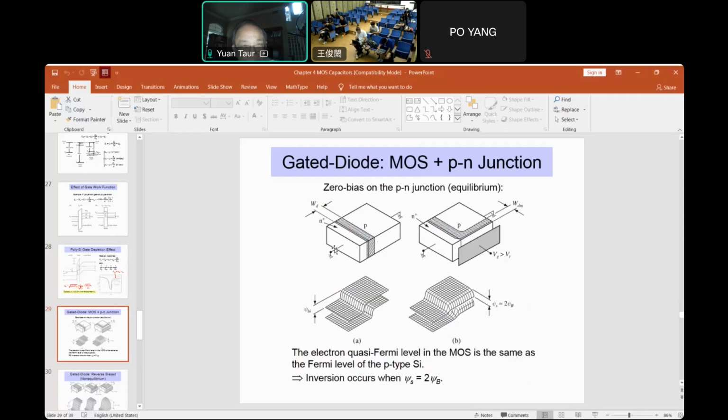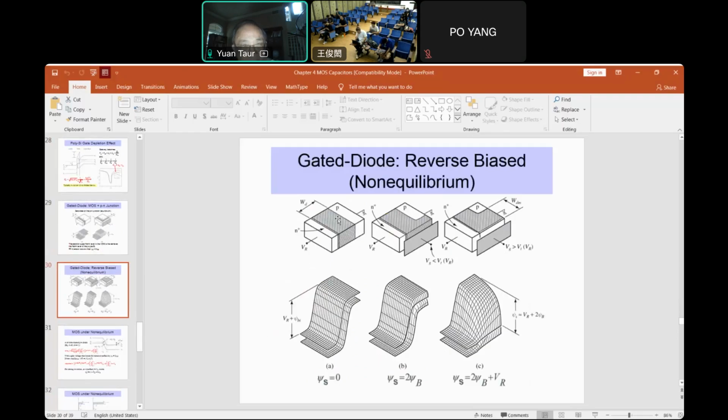But if this PN junction is not zero bias, but rather reverse biased, as shown here, we assume the P-type substrate is grounded, but the N-type is reverse biased with a positive voltage, VR. And of course, you can see the depletion width becomes wider. But more importantly, when we apply a gate voltage to bend the band by 2 psi B, like the middle case, there's no inversion in the P-type when there's a reverse bias.